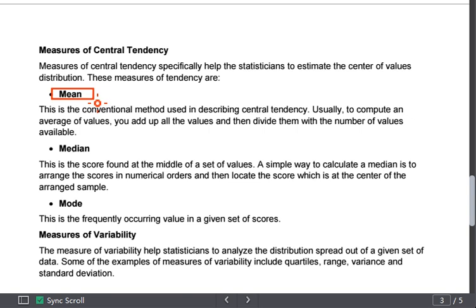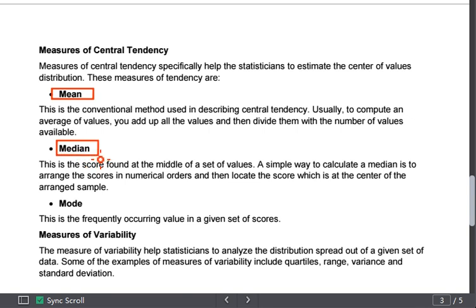Yung grade average mo. I know na nung kayo elementary or high school, you are adding all your grade from English, Math, Filipino, Science, and everything. I-add nyo siya. And then, bibilangin nyo yung bilang kung ilang subjects meron kayo and then you will divide it. And that is your average. So, it is the same with mean.